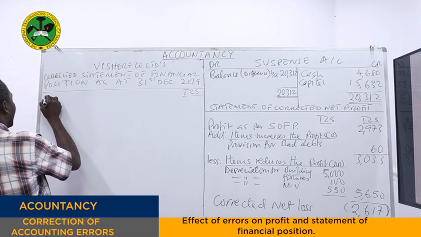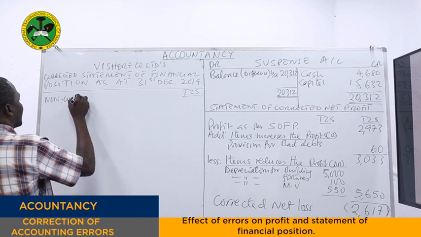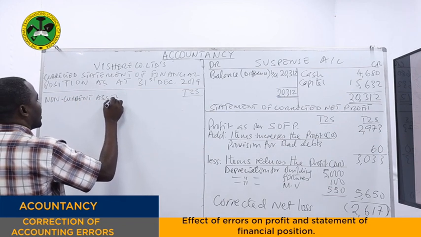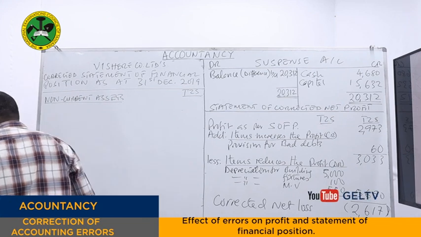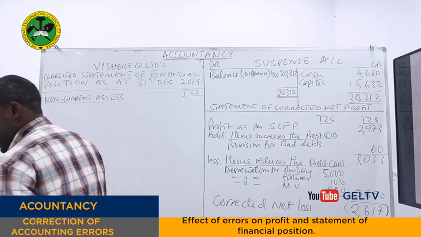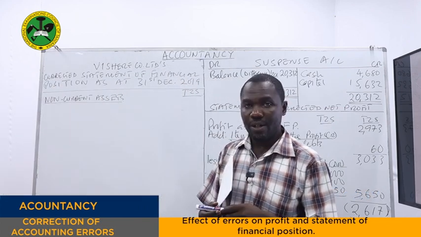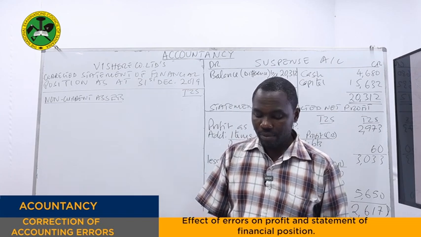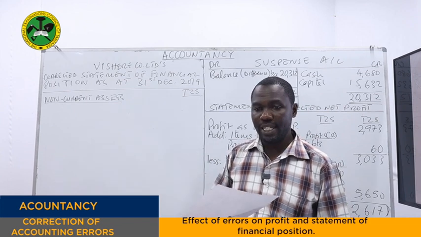So we have our non-current assets. So remember, from the correction or from our journal, we made some provisions.